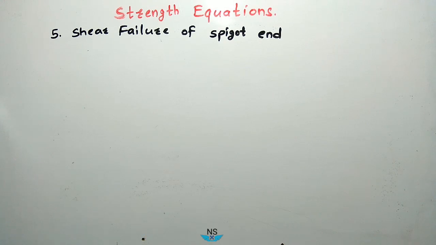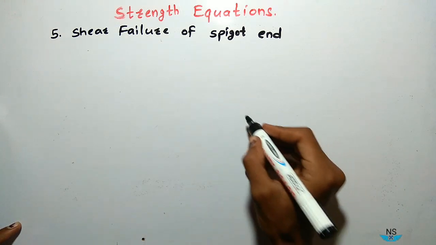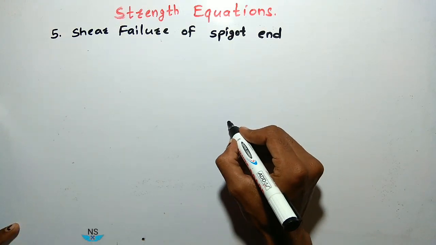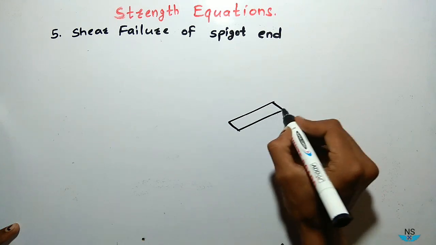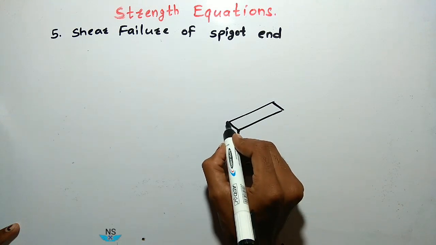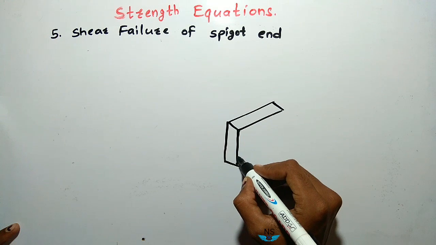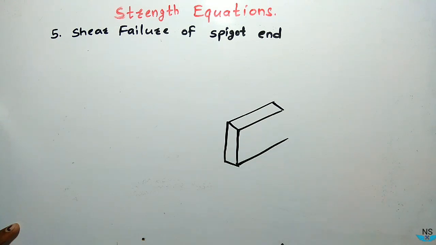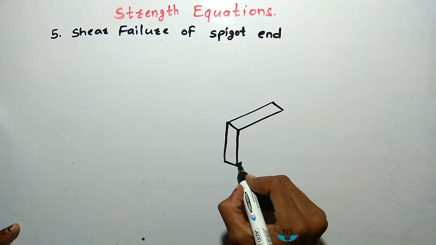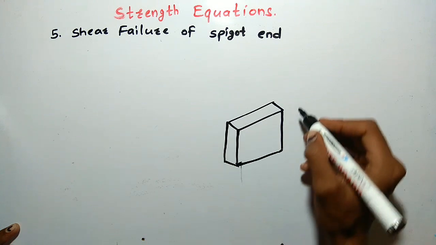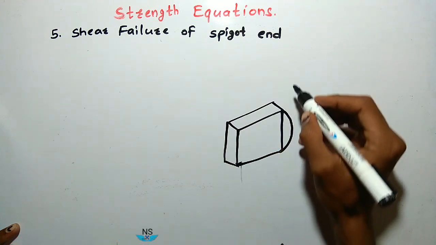Now the fifth strength equation is shear failure of spigot end. So where the shear failure will take place in case of spigot end. So let us see the diagram. So this is the section which is cut or broken from the spigot.